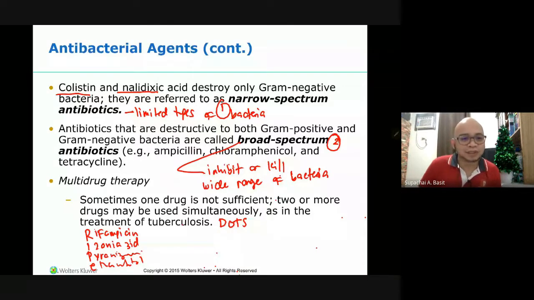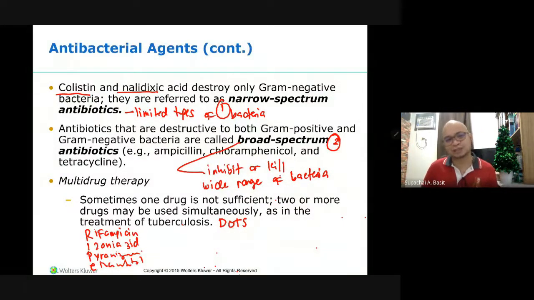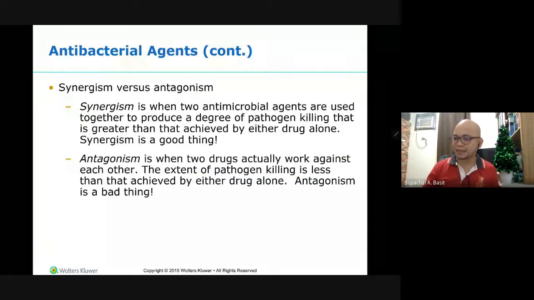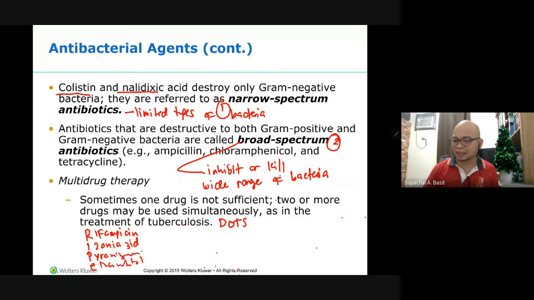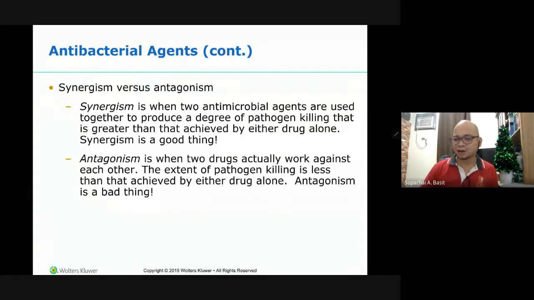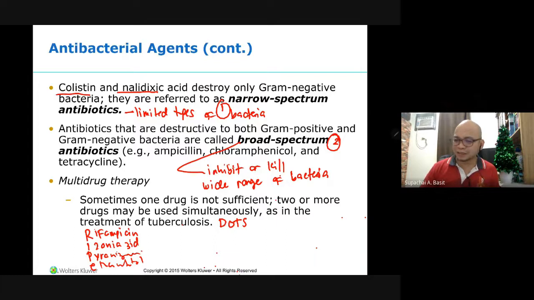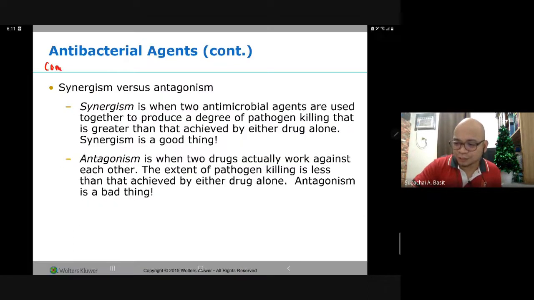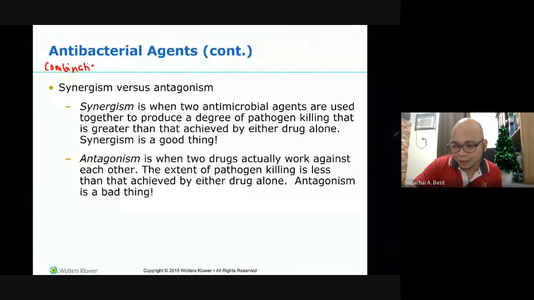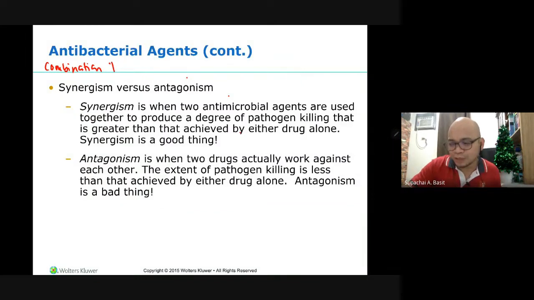These are the drugs that we use for the treatment of tuberculosis. This is what you call multi-drug therapy, which is sometimes known as combination therapy.